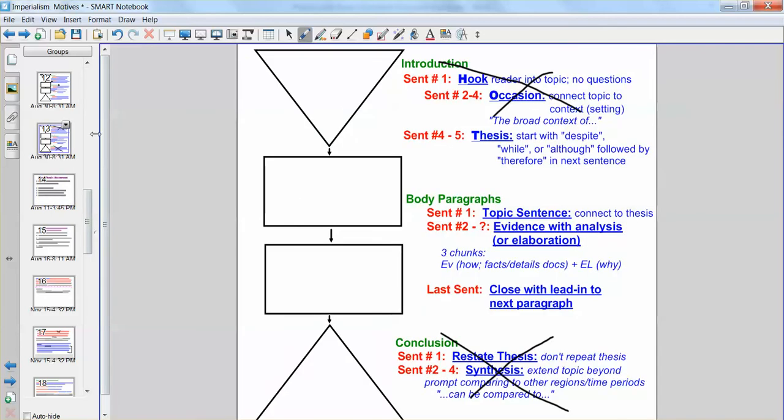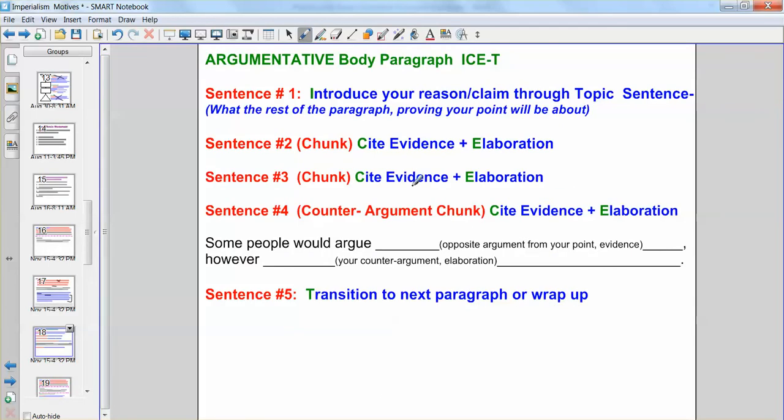Now, once I've done the thesis, I'm going to move on to my body paragraph with iced tea. You're familiar with iced tea, but there's a change now. Iced tea introduces your reason or claim, right? So I've given my argument. I'm giving 3 chunks still with a citation and an elaboration, citation and elaboration.